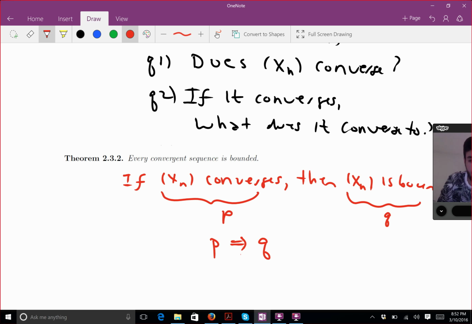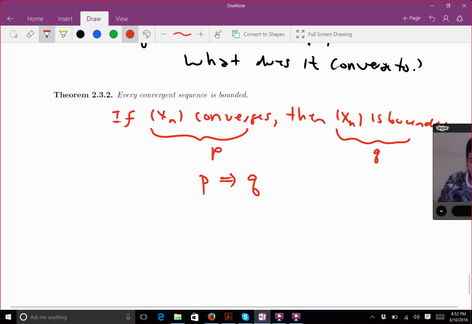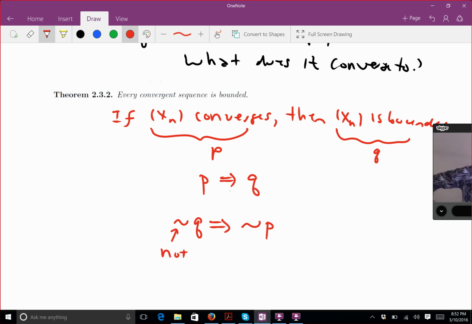I'm going to write this in a different form, which is actually the same. This little symbol here means not. So this says that if a sequence is not bounded, this implies it does not converge.